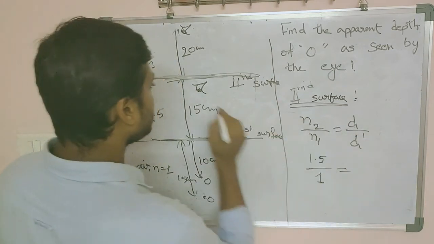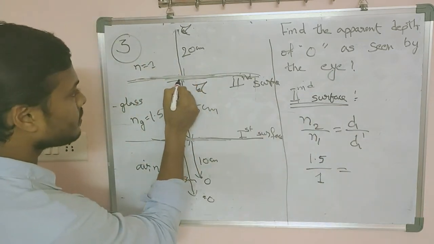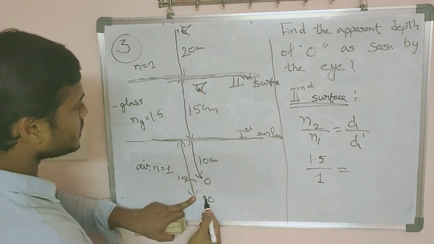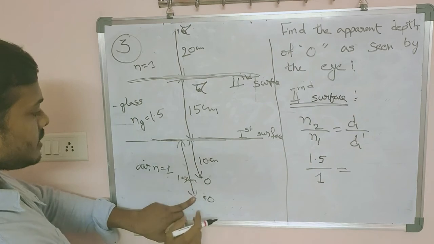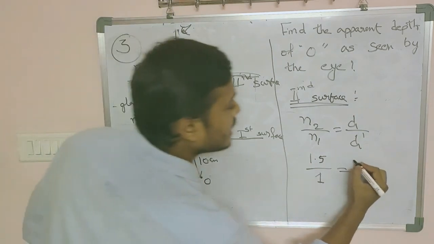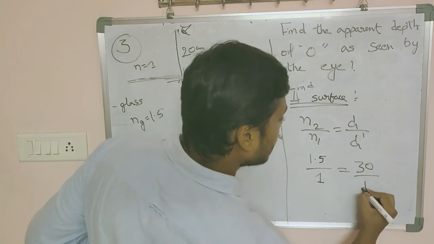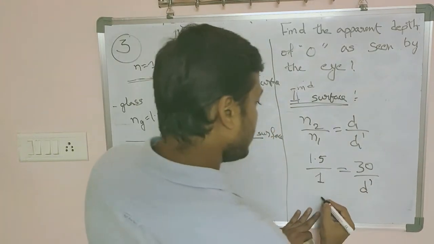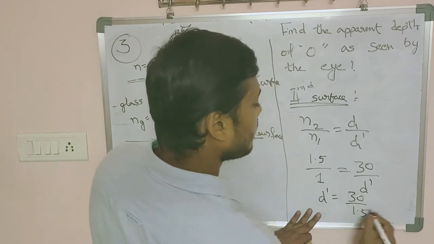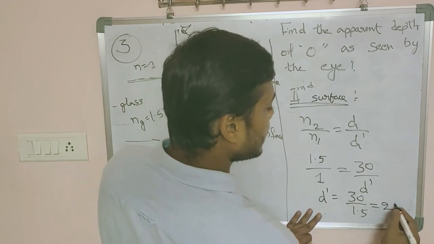So what is the real depth? Real depth is from here. This is acting as a virtual object. So 15 centimeters plus this 15 centimeters, that is 30 centimeters, by d dash. Now d dash is equal to 30 by 1.5, which is equal to 20 centimeters.